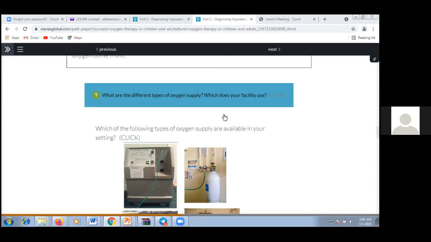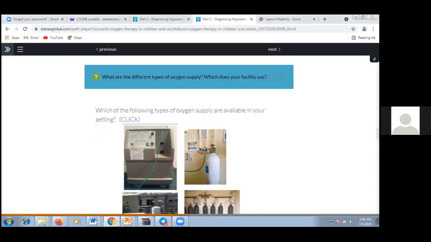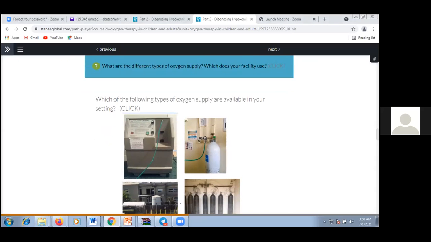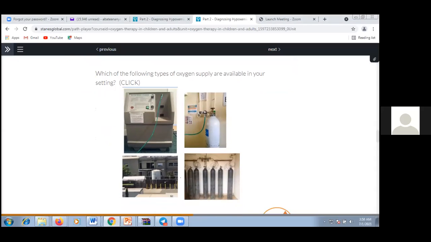So, like most of our audience, in my hospital we also use oxygen cylinders and oxygen concentrators. Our hospital does have the setup for pipelines, but unfortunately we haven't used it. I'm not sure if it was in use when the hospital was established some 50 years ago, but at least for the past 10, 15 years, it hasn't been in use.